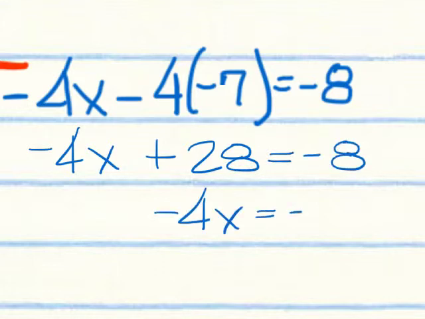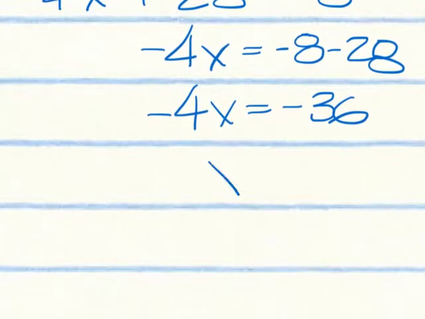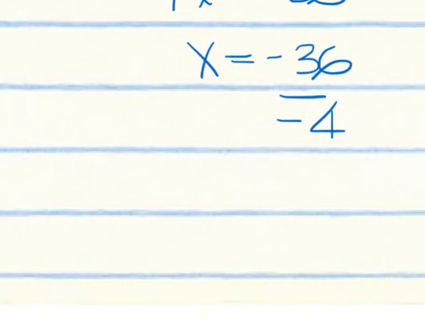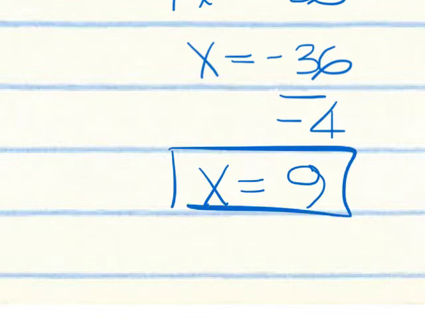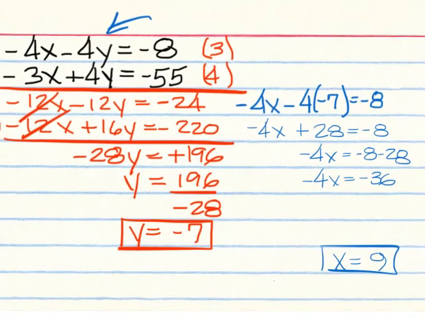Negative 4x equals negative 8 minus 28. And negative 4x equals a negative 36. Do some division here by negative 4. And your answer for x should come out to be 9. That brings the solution to the whole problem to (9, -7).